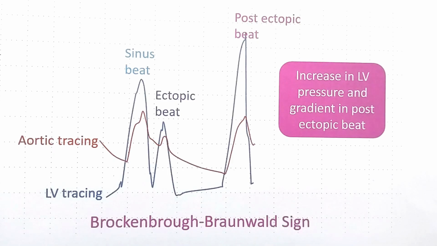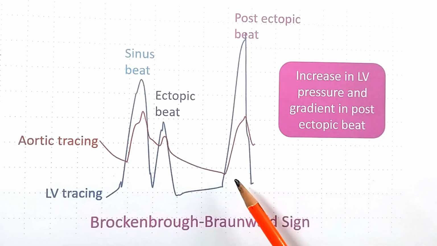After that there is a pause. So the left ventricle gets longer time to fill, and during the ectopic excitation not all of the calcium released is used. So there is some extra calcium available for increasing the inotropy during the post-ectopic beat.